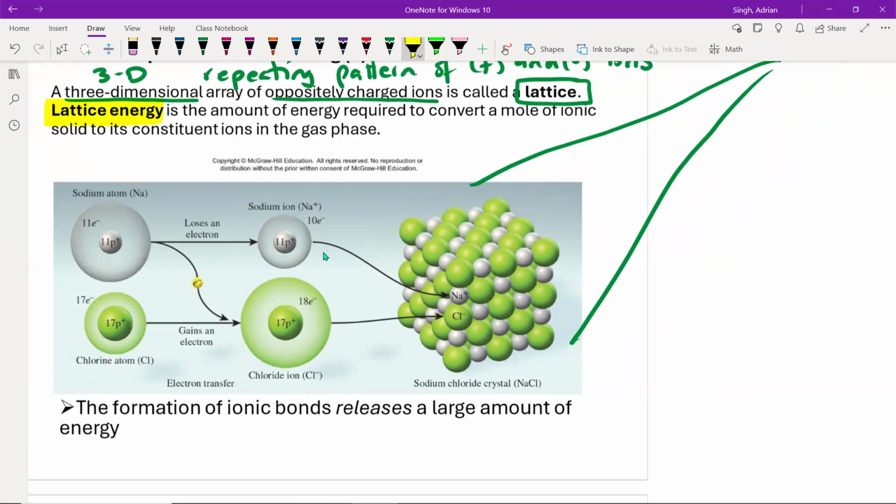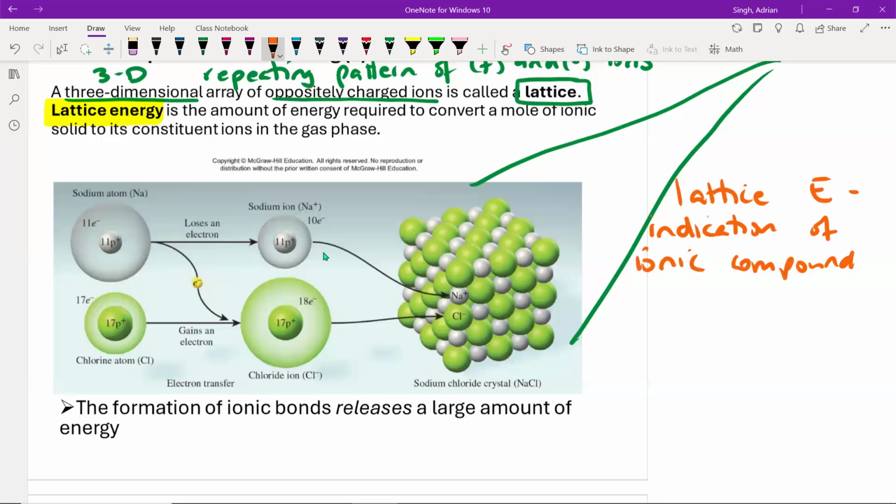All right, so the lattice energy is an indication of the stability of the ionic compounds. So the higher the lattice energy, the more stable it is.